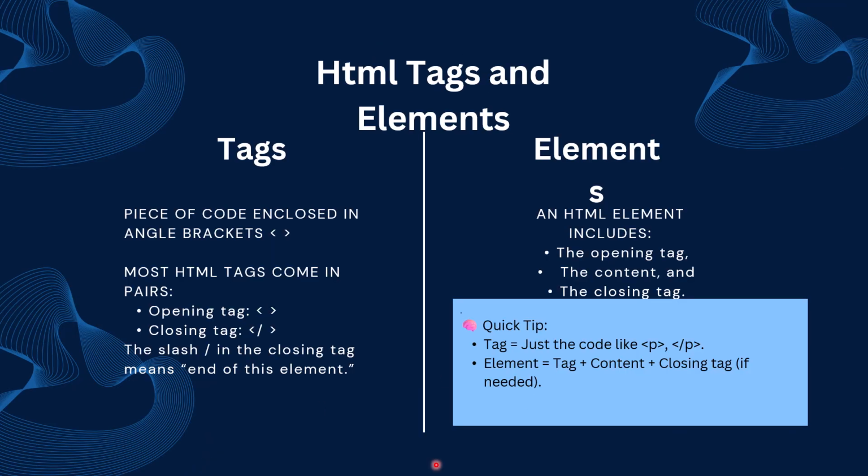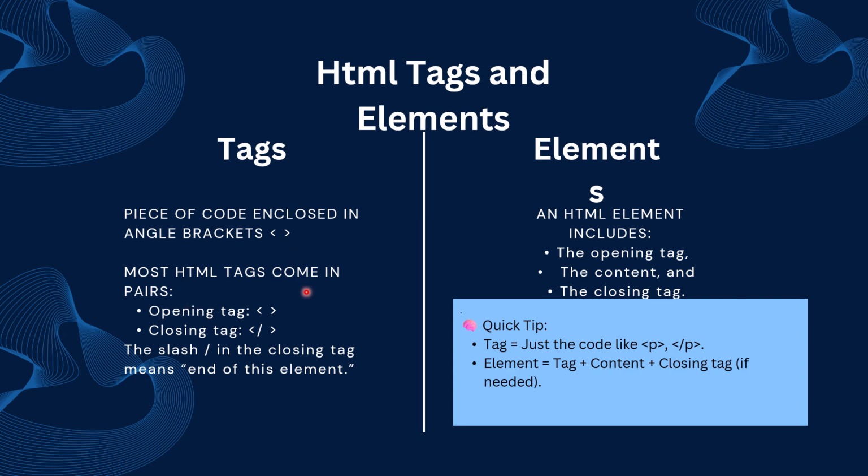So let's now learn the basic tags and elements and how they are used to create web pages. So very first, tags. What are tags? Tags are pieces of code enclosed in angle brackets, right? These are the two brackets in which the tags are enclosed.